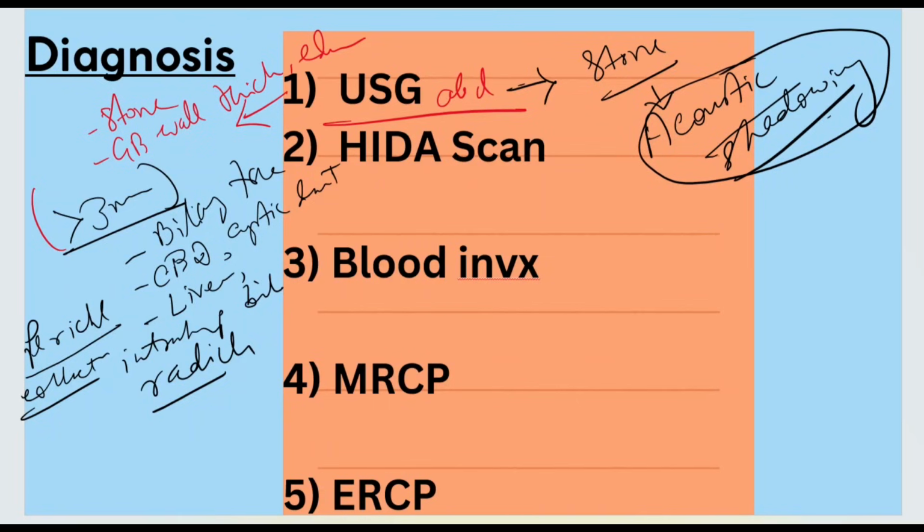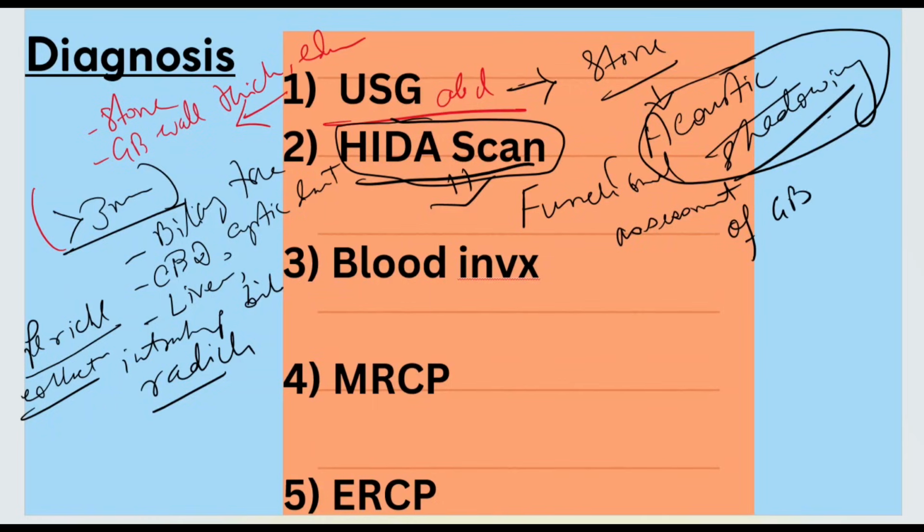Next another important investigation, HIDA scan. So what is HIDA scan? Hepatobiliary iminodiacetic acid scan is a functional assessment. HIDA scan is for functional assessment of GB.